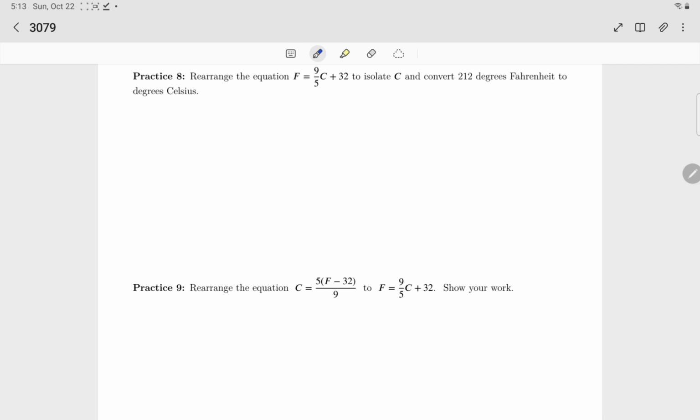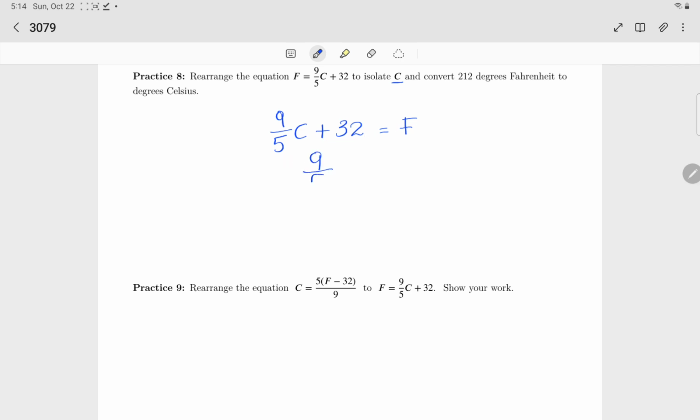Next, let's rearrange the given equation to isolate temperature in Celsius, and then we're going to convert 212 degrees Fahrenheit to degrees Celsius. First, switch the sides so C is on the left side. Now we need to subtract 32 from both sides.